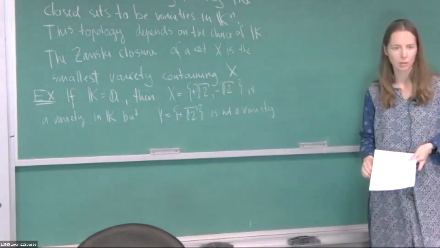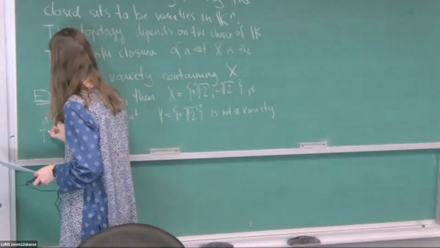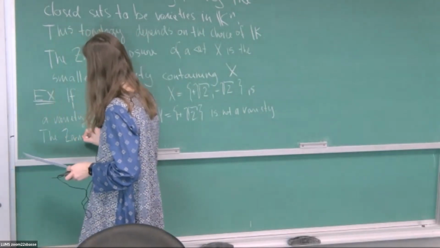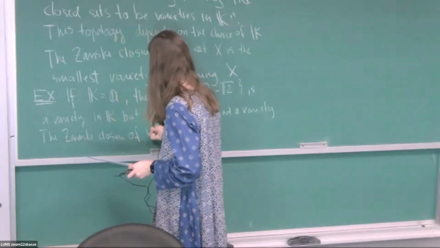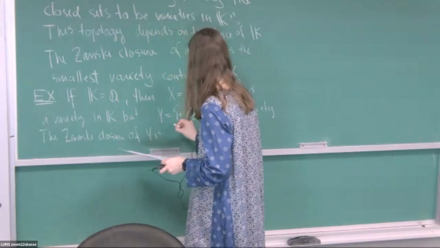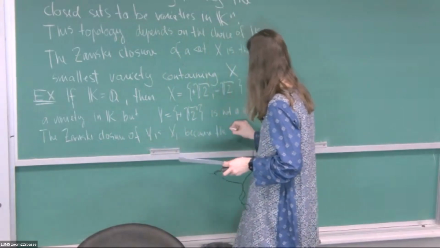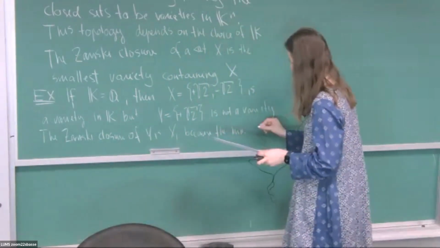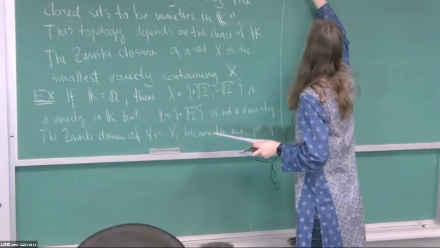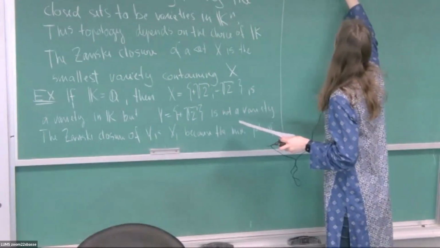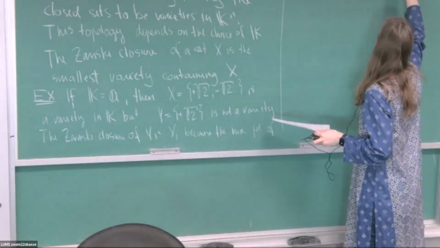And in fact, the Zariski closure of Y is X, because the minimal polynomial of square root 2 over Q is x squared minus 2.